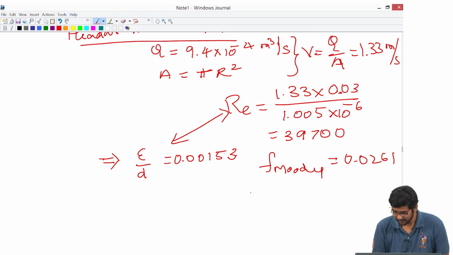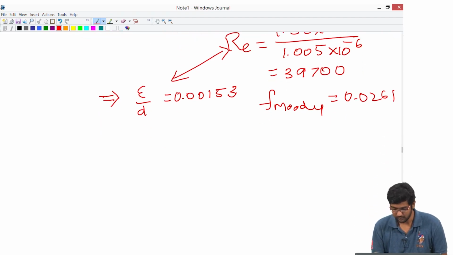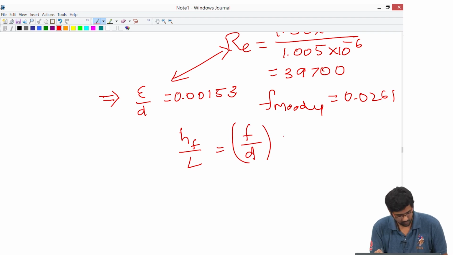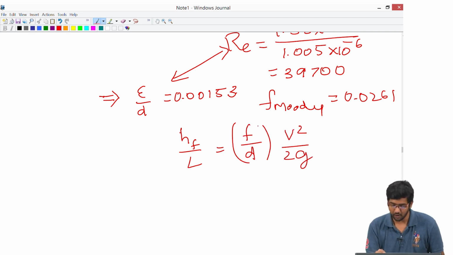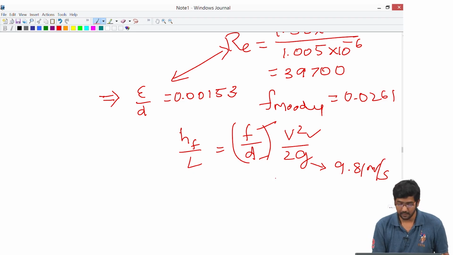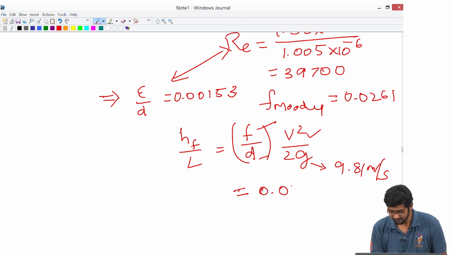From this one can calculate the head loss using hf by L equals f by D into V square by 2g. We have the information of f, D, and we know the velocity, and we know the gravitational constant 9.81 meter per second square. Substituting all this, we can get hf by L as 0.0785.